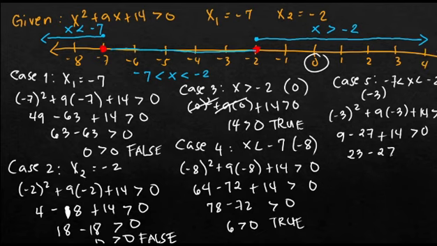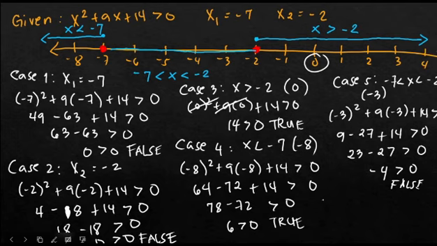Minus 27 greater than 0. So 23 minus 27 is negative 4 greater than 0. Is it true or false? Okay, so this is a false statement.